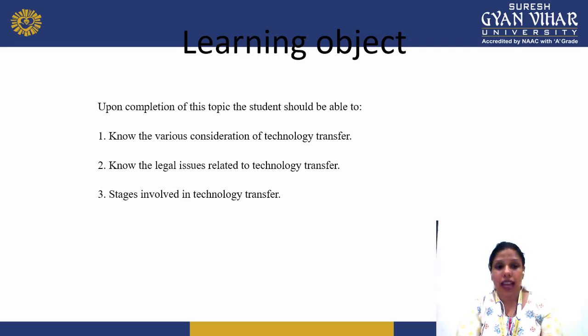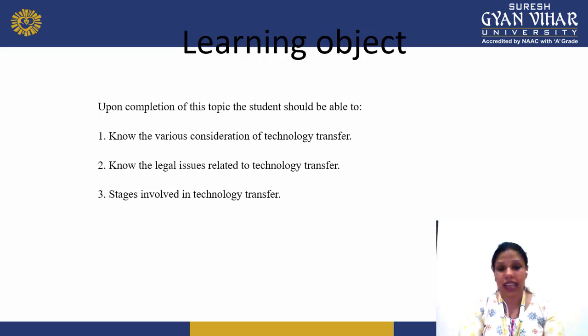After that, the stages of technology transfer are also there. In technology transfer, different stages are there, so you will come to know in detail about the different stages, and also why these stages are important and why they come one by one.